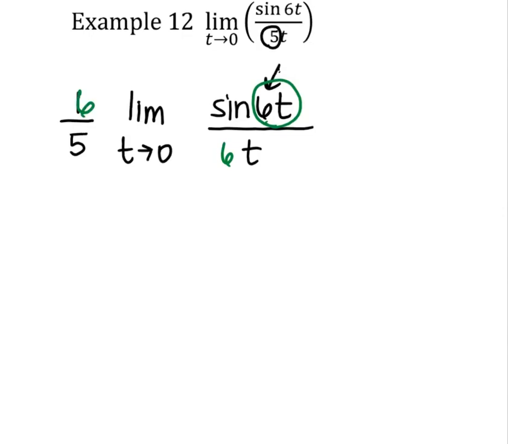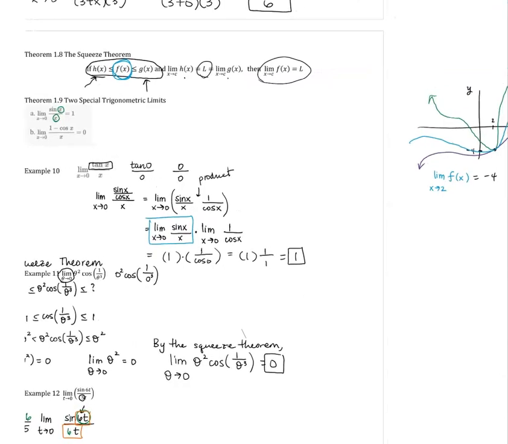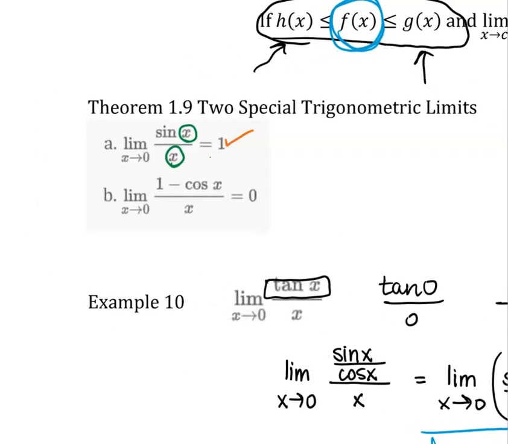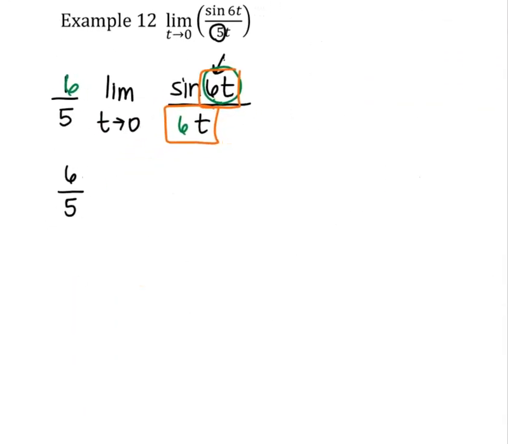And I'll just choose to put that 6 in the numerator outside. Now, I could apply the special trig limit because these two things here are now the same. That special trig limit tells me that limit is equal to 1. So this is 6/5 times 1.